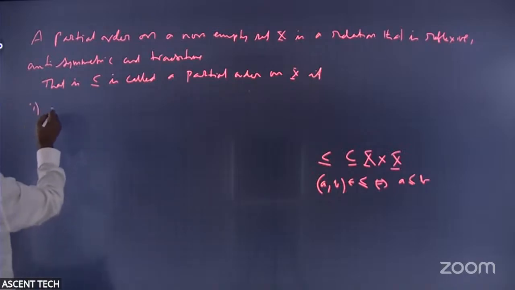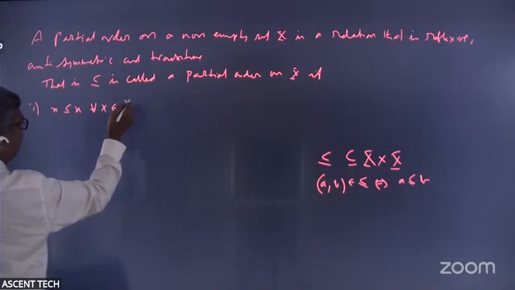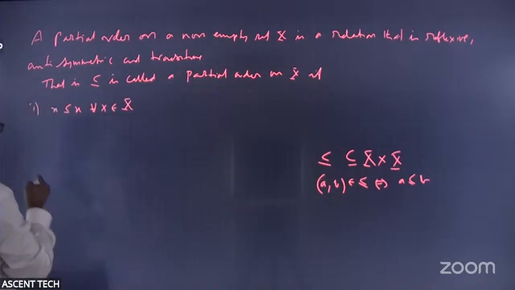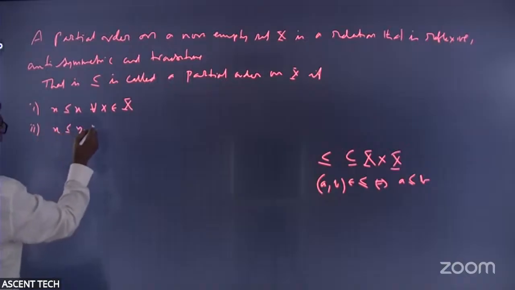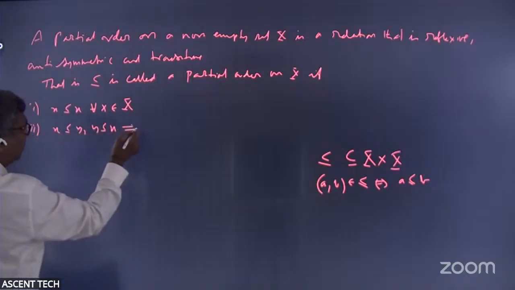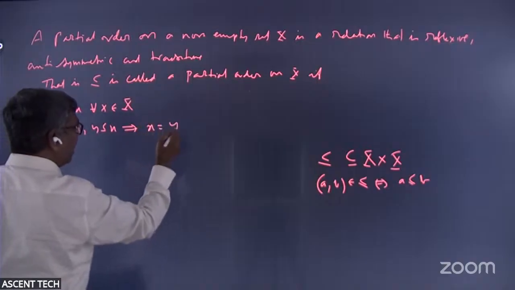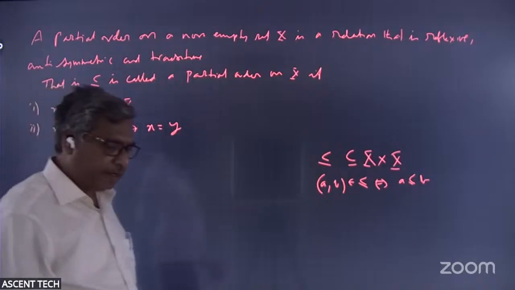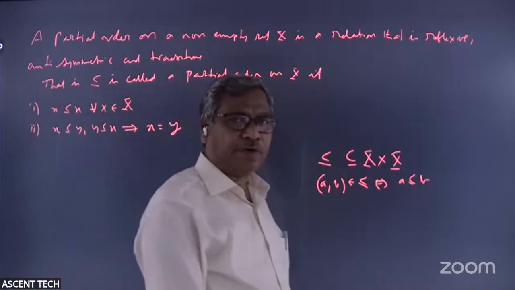One is that X is less than or equal to X, a reflexivity for every X in X. And two is X is less than or equal to Y and Y is less than or equal to X actually means X equal to Y. It is what I mean by antisymmetric. If you have X less than or equal to Y and Y less than or equal to X, I want X equal to Y.